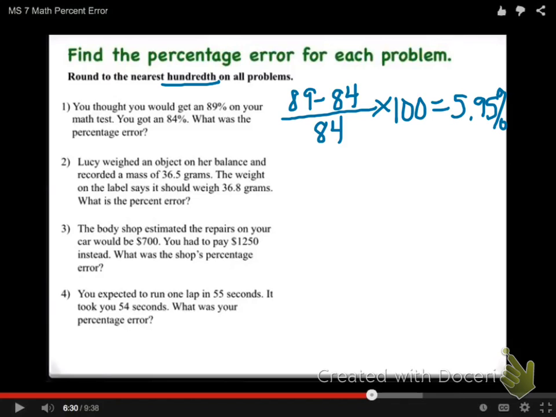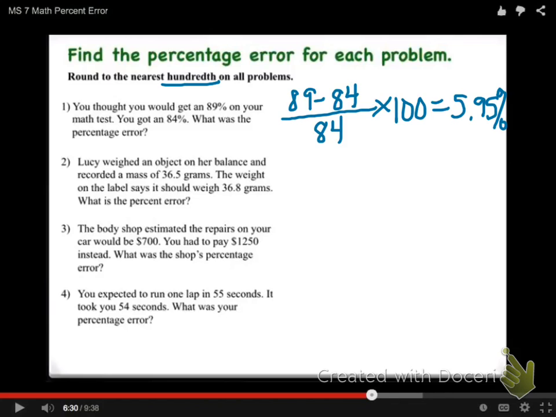Number 2, Lucy weighed an object on her balance and recorded a mass of 36.5 grams. The fact that it was a person actually doing the weighing is an experiment. She experimentally took that out of the jar or container and then weighed it. The weight on the label says it should weigh 36.8. So since the label comes from the manufacturer, this should be the theoretical, or what we would call the actual.